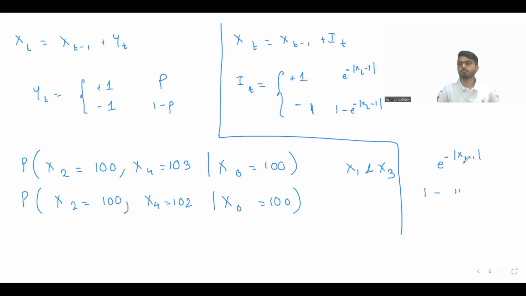Check and explain whether the process has part 1, independent increments, part 2, Markov property.